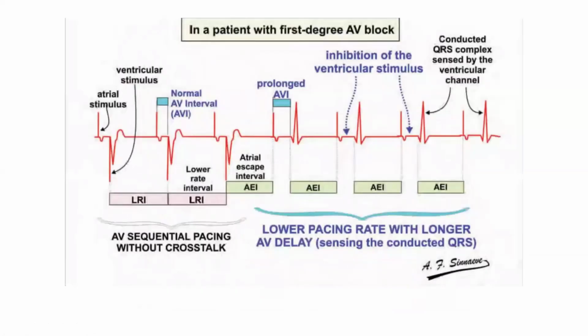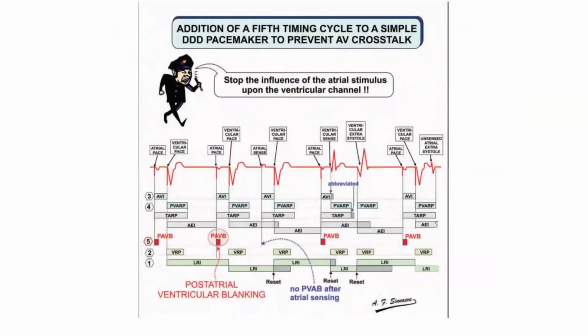So I add a fifth interval, called post-atrial ventricular blanking. What is meant by post-atrial ventricular blanking? Only in case of atrial pacing, when the pacemaker fires an atrial spike in the atrium, I make the ventricular channel blind for a few milliseconds.